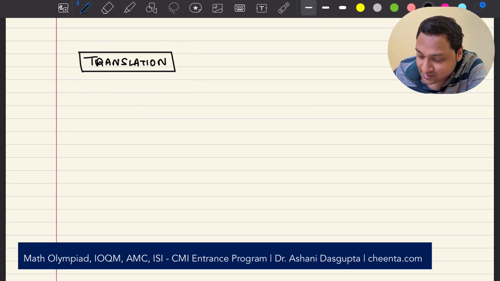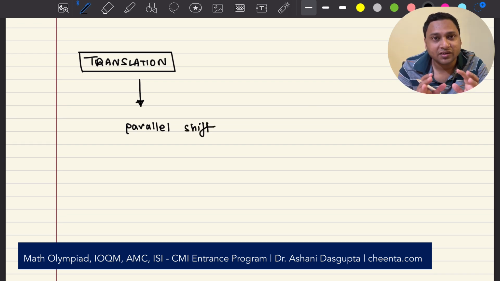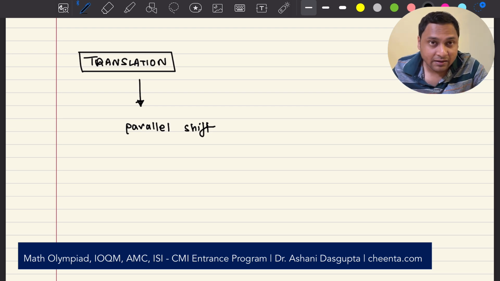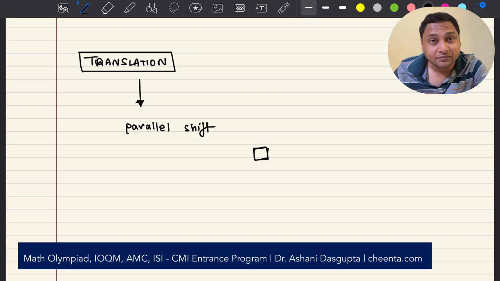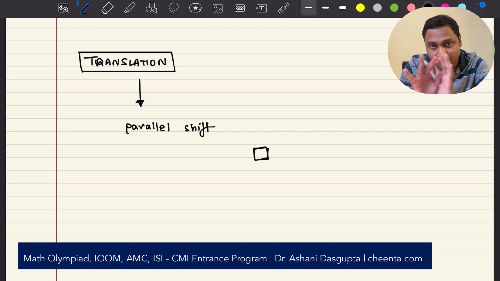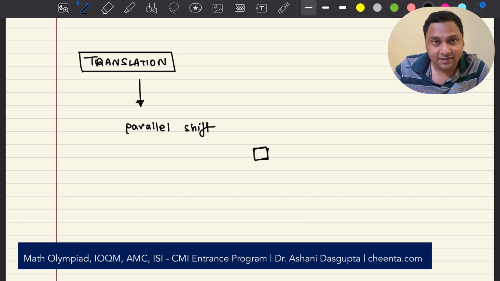So what is translation? Translation is simply parallel shift. So you have an object. Let's talk about two-dimensional planes only. You have an object, maybe this square, and you move it. You sort of push it in a particular direction through a particular distance.